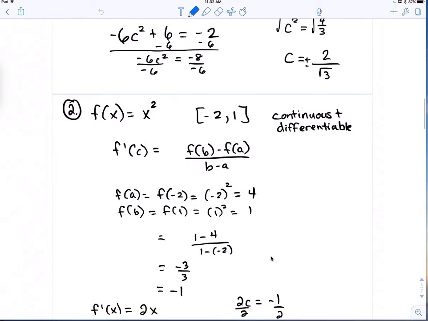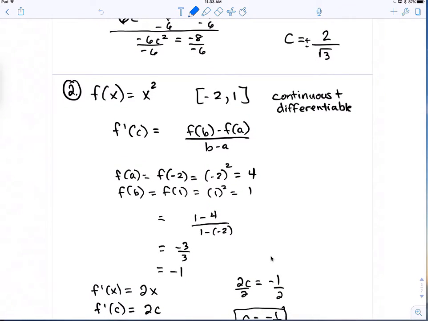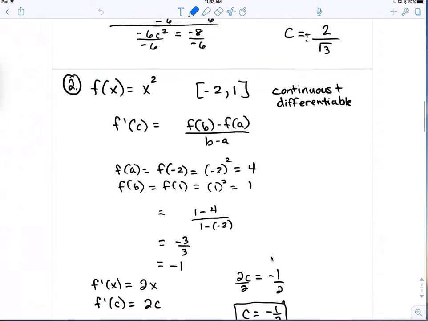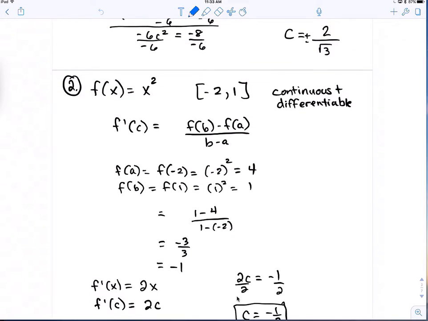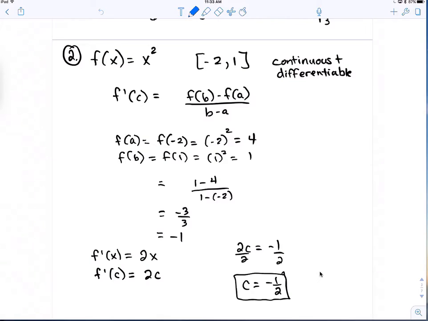Okay, so our first derivative of x squared is just 2x. f prime of c is just 2c. So when we set 2c equal to -1, divide both sides by 2, and we just find out that c is equal to -1/2.